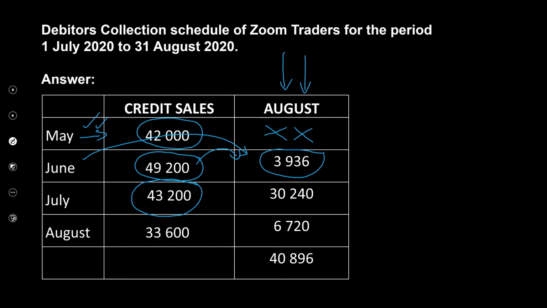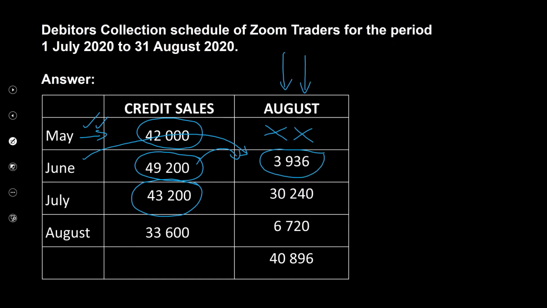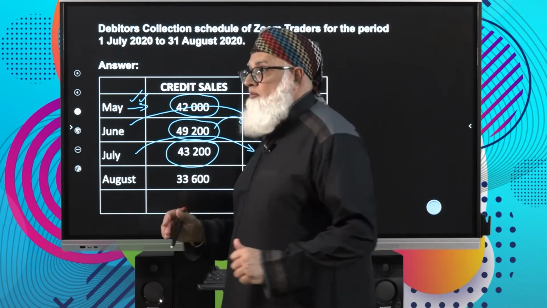Let's take the 43,200 times your 70%, and that will give you a figure of 30,240. Clearly you can see July 30,240, and that is now your calculation with regards to the July component.